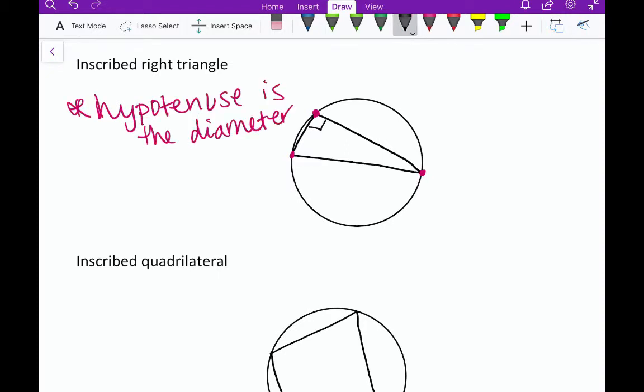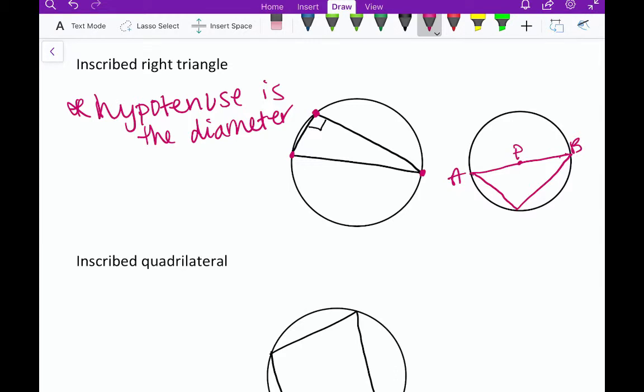And we would also know that if we had a circle, which we'll call circle P, and this is the diameter, and we have an inscribed triangle, then if we know that AB is the diameter, we can conclude that this is a right angle because it is a triangle that's inscribed. The diameter is the hypotenuse, and across from the hypotenuse is going to be the right angle.